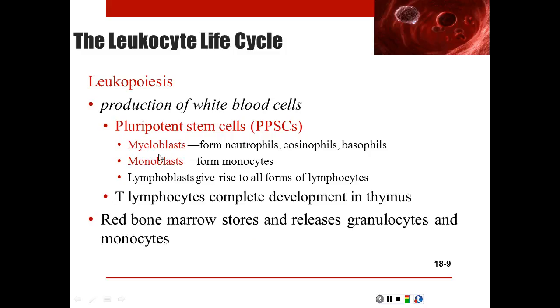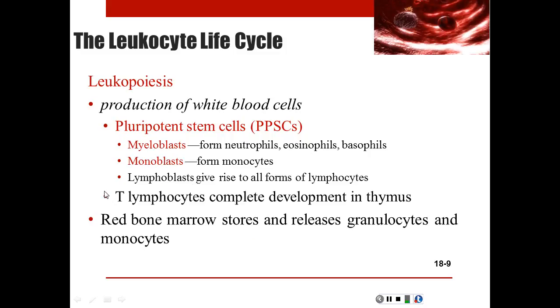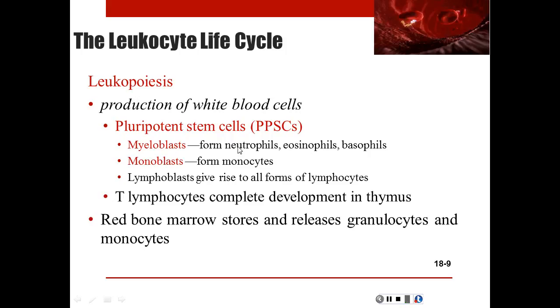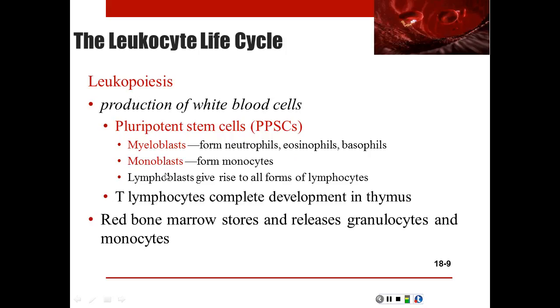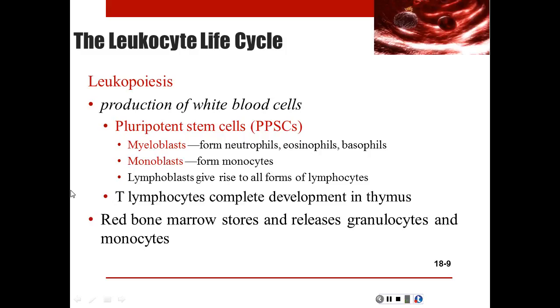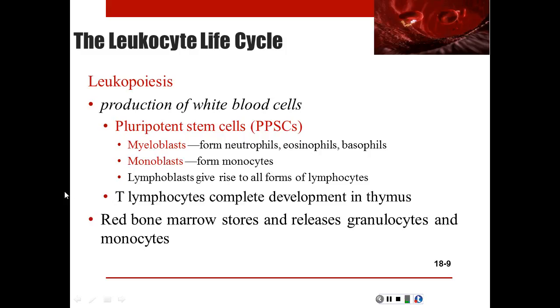Our myeloblasts ultimately differentiate into 3 types of granulocytes, which are our neutrophils, eosinophils, and basophils. Our monoblasts form the monocytes, and our lymphoblasts give rise to all forms of lymphocytes.